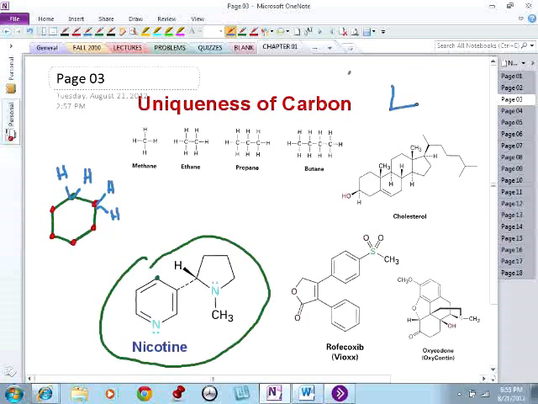So supposing I give you this molecule here, and I say give me the molecular formula of that molecule. What will it be? C4, very good. See, I told you it's very easy. C4H8, very good.